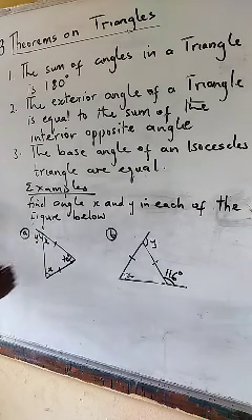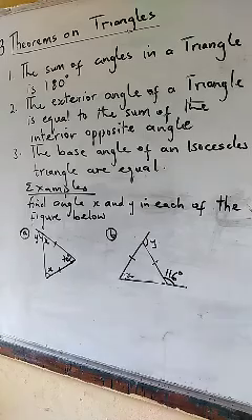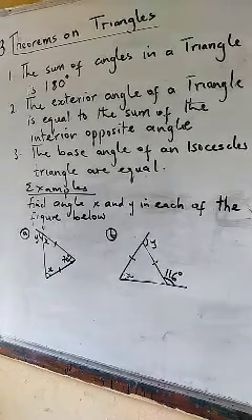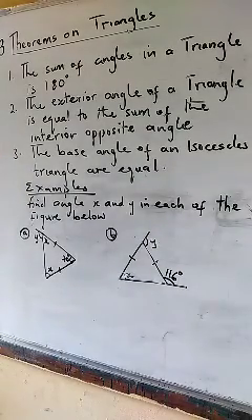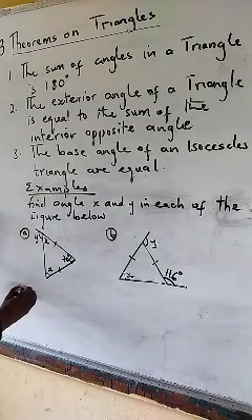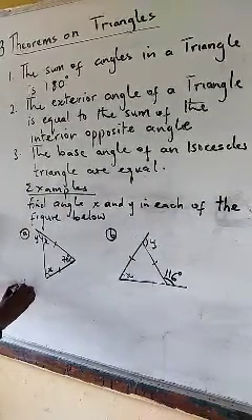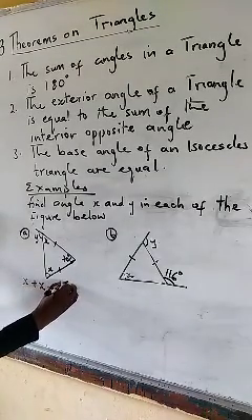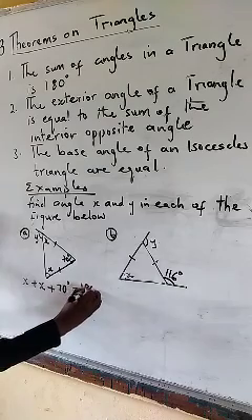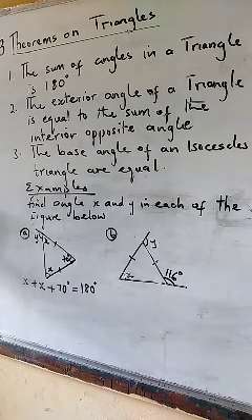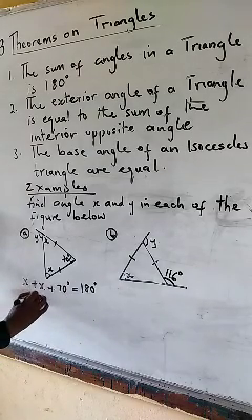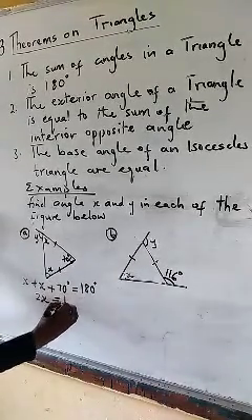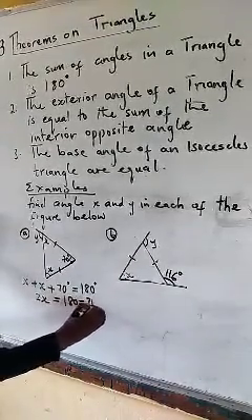So if you put x here, now the three angles of this triangle, when we sum them together, we are going to get 180 degrees according to the first theorem. So we have x plus x plus 70 degrees equals 180 degrees. x plus x is 2x equals, take 70 to the other side, 180 minus 70.